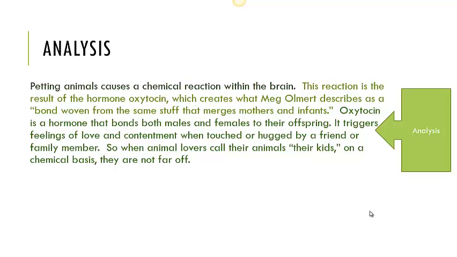It triggers feelings of love and contentment when touched or hugged by a friend or family member. So when animal lovers call their animals their kids, on a chemical basis, they're not far off. Notice those analysis sentences just explain that example further. They flesh it out, give some more original examples to make it make sense to the reader.